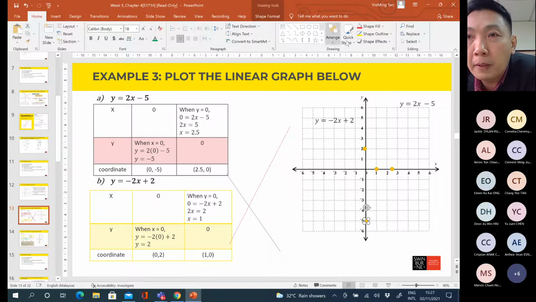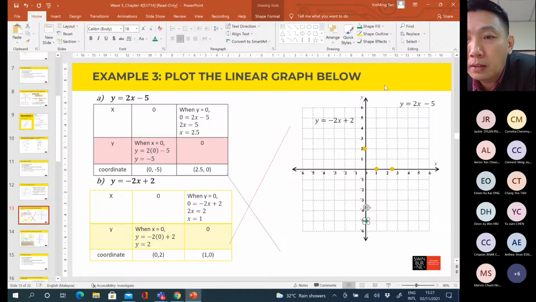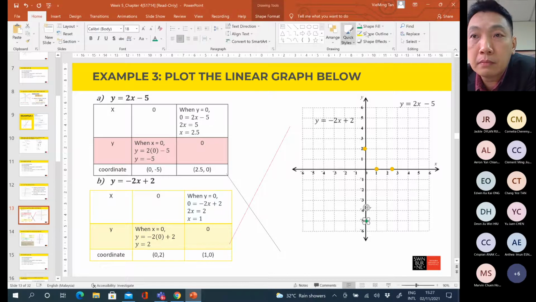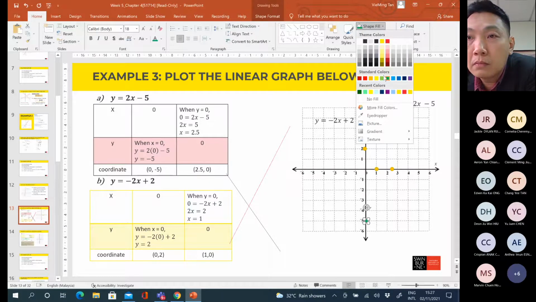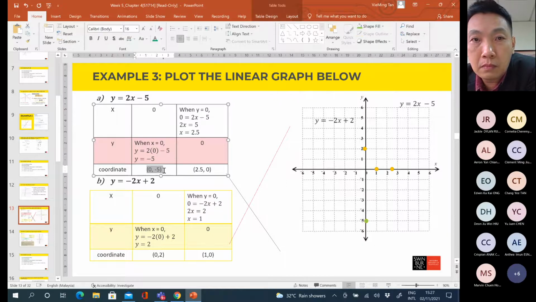So I use a different color maybe, a lighter color, maybe green. Okay, I choose light green. So this is the first point that we can put.